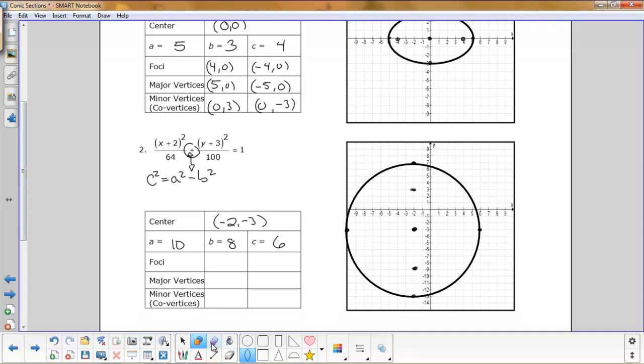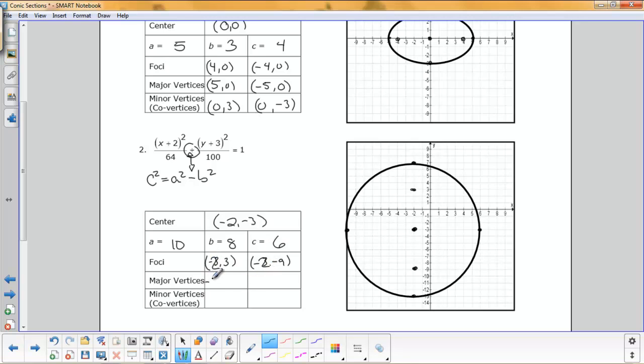Now I can use that to determine my critical values. My foci are located at negative 2, 3 and negative 2, negative 9. My major vertices, negative 2, sorry, not 3.